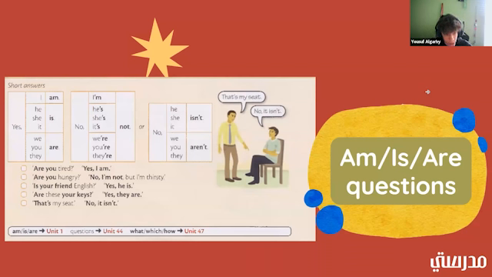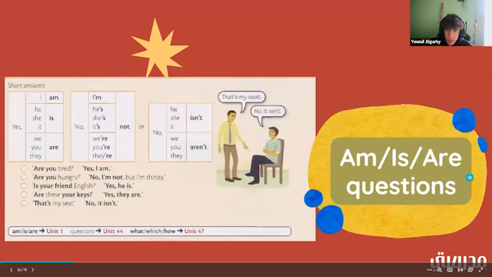Is your friend English? Yes, he is. So is yes, he is positive or negative? Positive, good. Are these your keys? Yes, they are. So is yes, they are positive or negative? Positive, good. And the last one, that's my seat. No, it isn't. Is that positive or negative? It's negative. Good, good. All right.